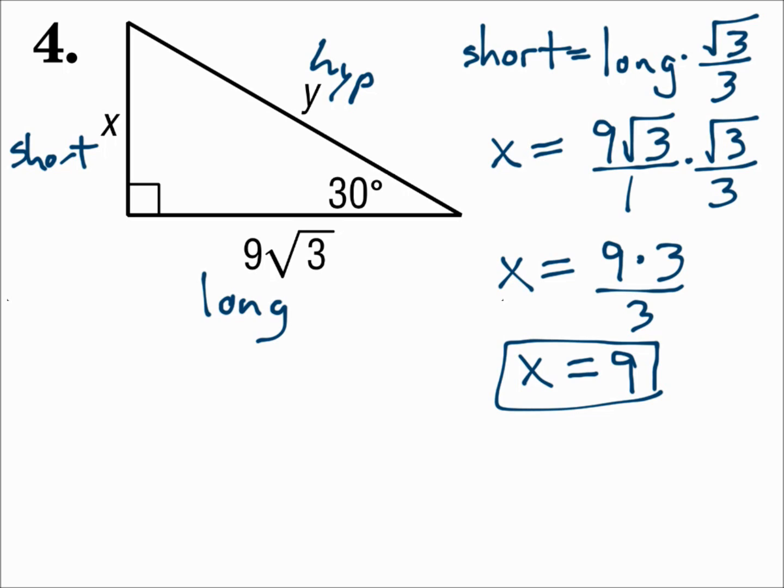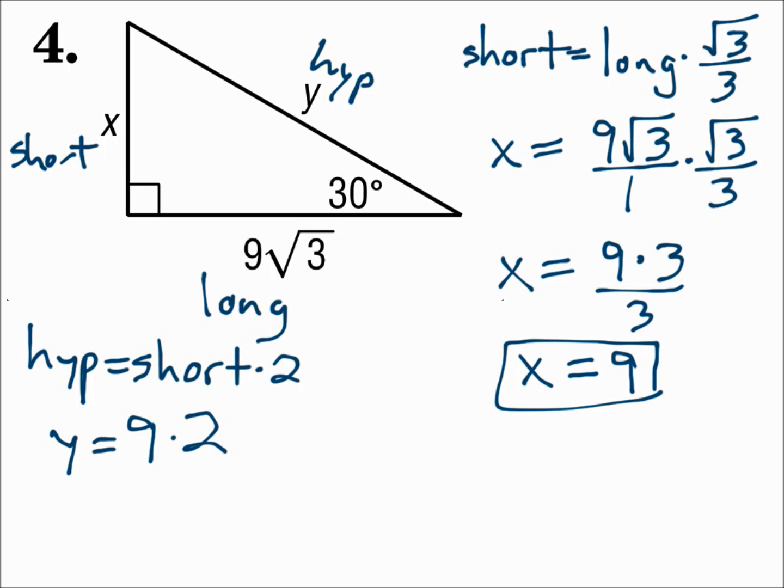That's y. Hypotenuse equals the short times 2. Hypotenuse is y. Short is 9 times 2. So y is 18. Short equals long times the square root of 3 over 3. And hypotenuse equals short times 2.